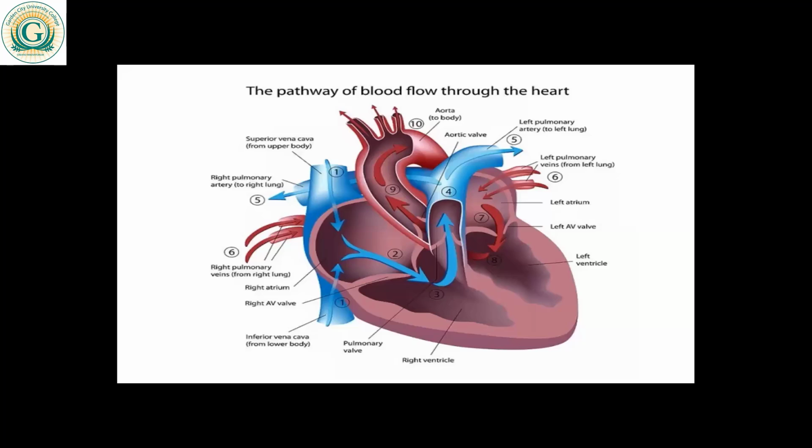The deoxygenated blood at the lower side enters through the inferior vena cava into the right atrium. So from the right atrium, the blood is moved to the left ventricle. From the left ventricle, it is moved through the pulmonary vein, the left and right pulmonary.